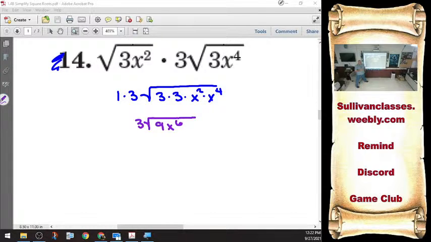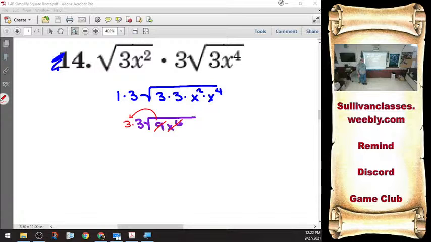Bonus. 9 is one of our special numbers. One of our perfect squares. What is the square root of 9? 3, right? Just go to your perfect square list. Do you remember what we did with the variables?